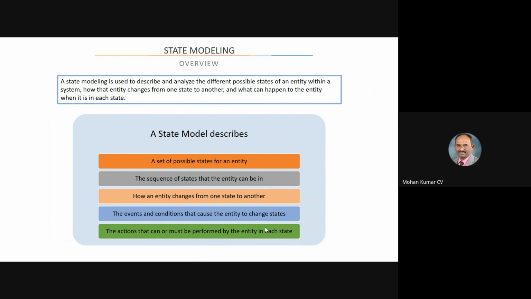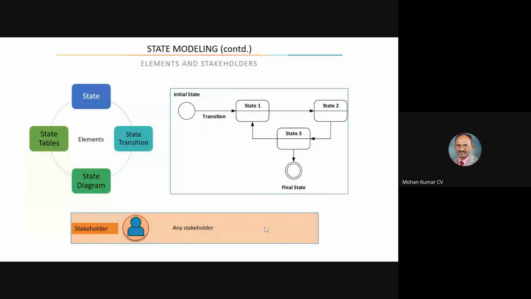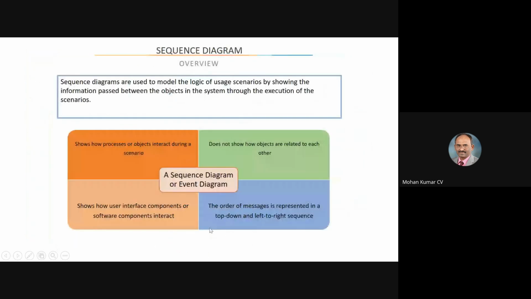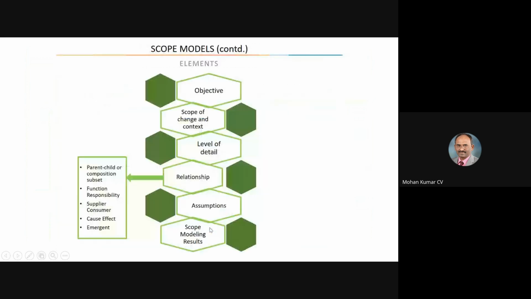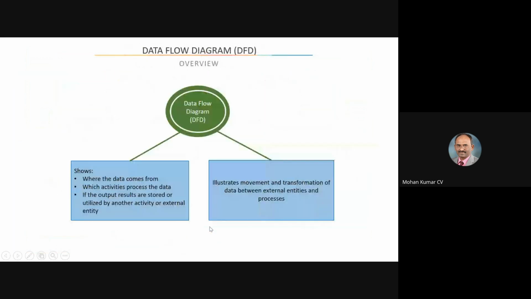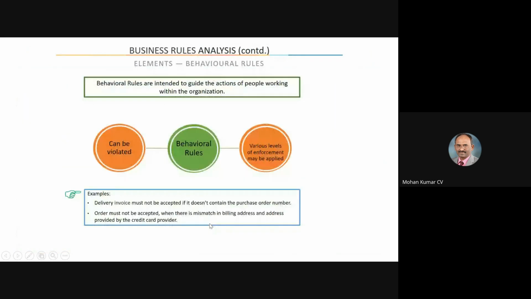So that's how we need to look at state transition, state diagram, state tables, and initial state, state 1, state 2, how it happens. Any questions on this?